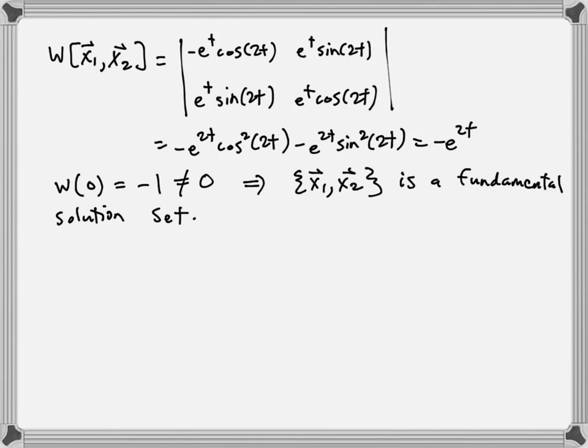Okay, so we're done with part A, right? Actually, we're not quite done. We need to write the general solution. Sorry, I forgot it asked us to do that. So x is equal to c1 times x1 of t plus c2 times x2 of t. This is how we would write the general solution, or if we want to write it with the actual functions written, we can.